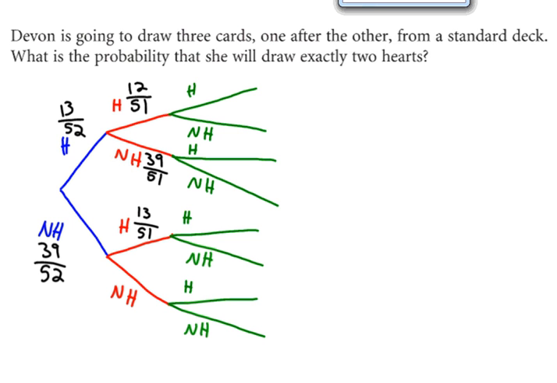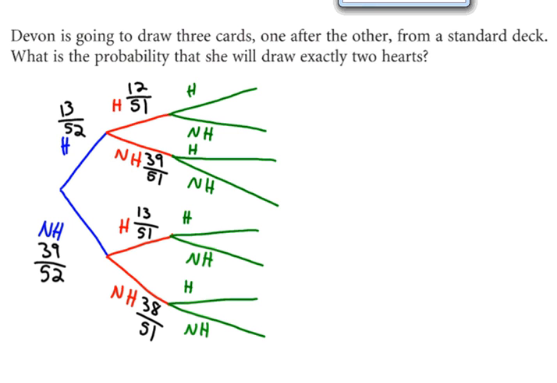Now we have to find the probability that she chooses a card that is not a heart, assuming she chose a card that was not a heart on the first card. So this is 38 out of 51. Now we move on to the third card that she chooses.